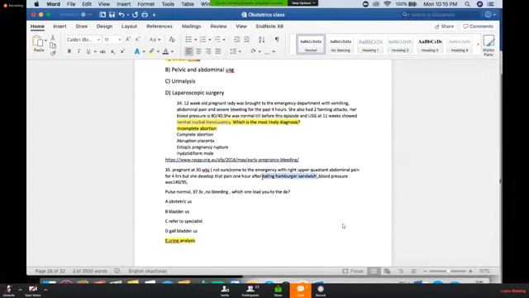Does anyone know? So she's 30 weeks pregnant and she has got sudden upper quadrant pain because she was eating some fatty food. So cholecystitis.